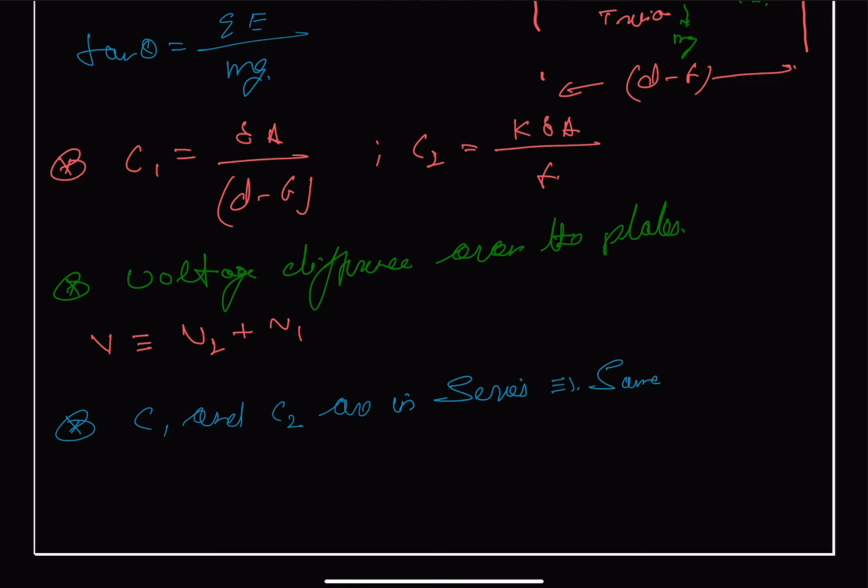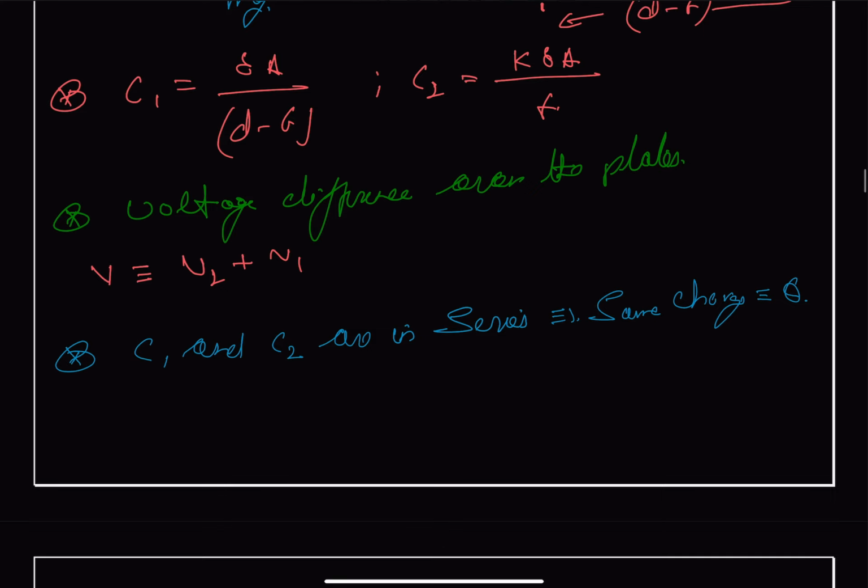Let us call that charge Q. Suppose the voltage across C1 is V1, and the voltage across C2 is V2.